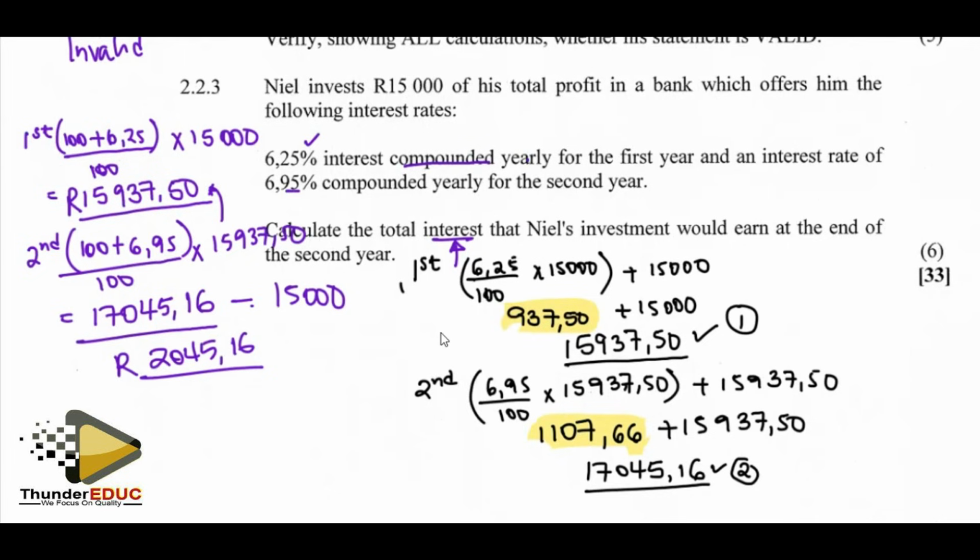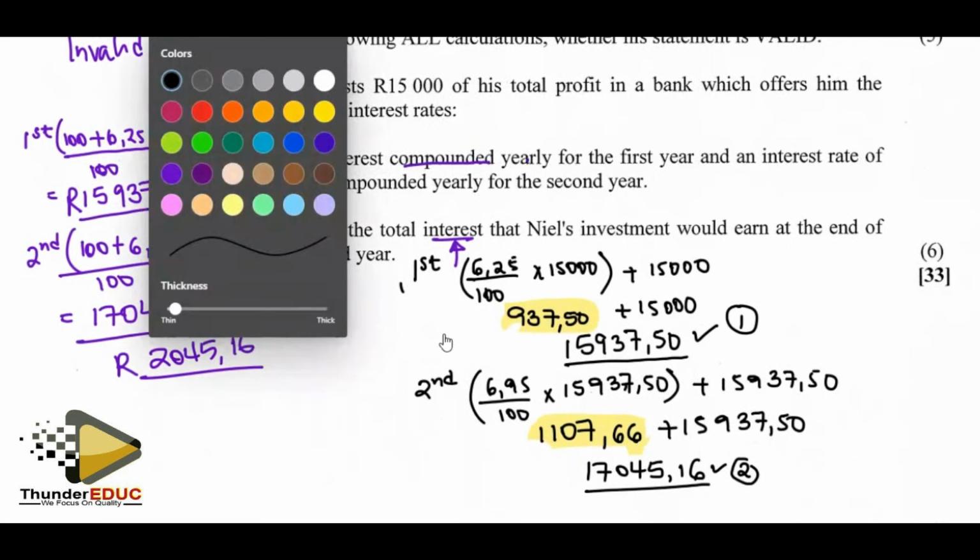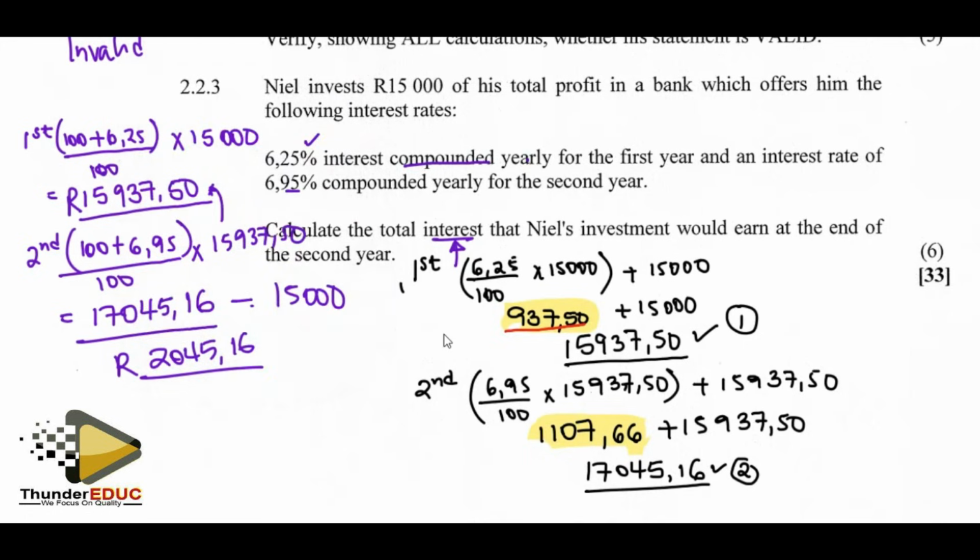So what you're going to do, so interest will be 937.5 plus 1107.66.